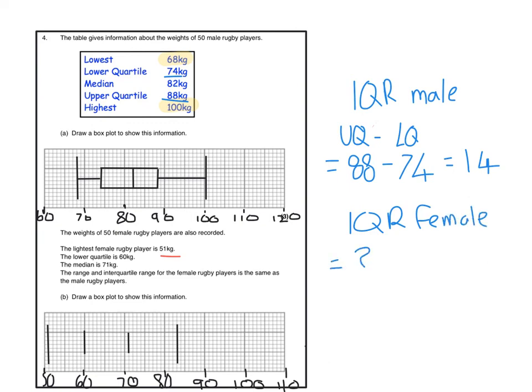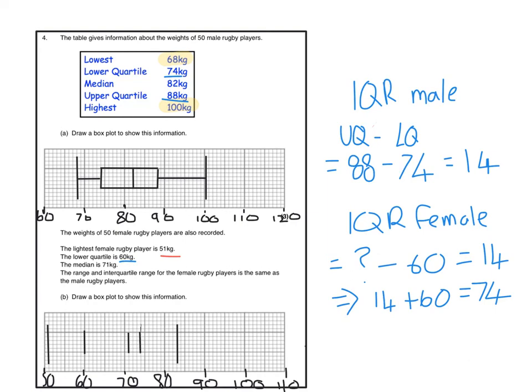I haven't got the upper quartile, but I've got that the lower quartile was 60. Something take away 60 is 14. Do it backwards. 14 add 60 is 74. So my upper quartile is 74. Just there like that.